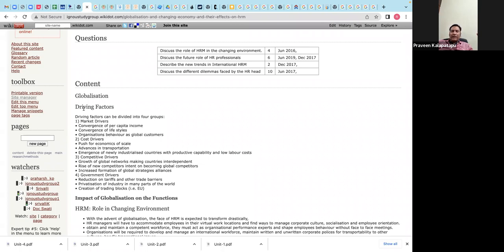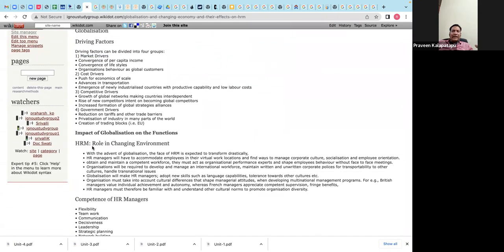Then it talks about driving forces. What exactly are the driving forces for this globalization? What is driving people to globalize? And then it talks about HRM's role in the changing environment.